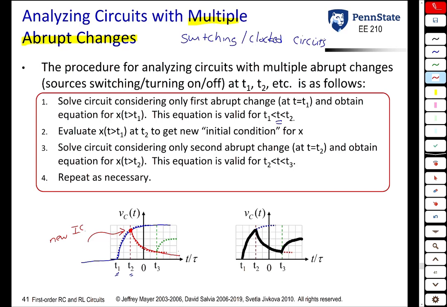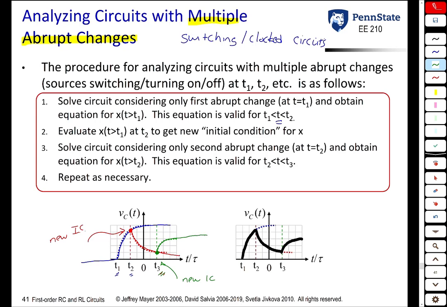But if there's another change at T3, we evaluate this second function at the point of the third discontinuity. It becomes yet another new initial condition, and we can now, from this point, determine what the response would look like.